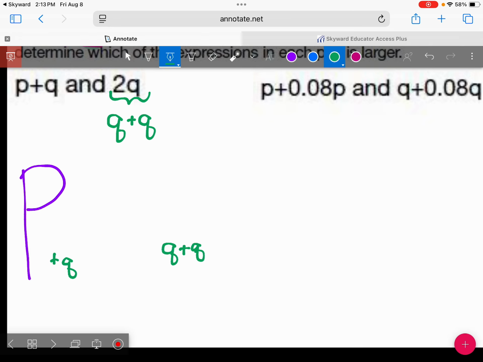Look at it this way. If I have a big thing plus a little thing, or a little thing plus a little thing, which one's bigger? Left or right? The one with P. The left one. This side's going to be bigger. Always remember, alligator eats the bigger side.